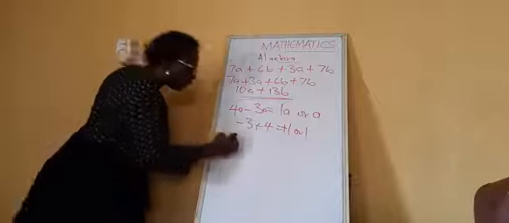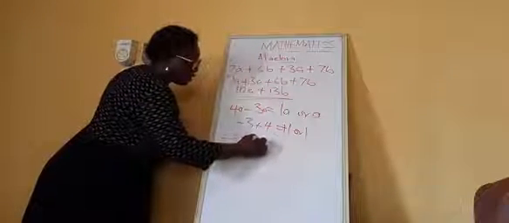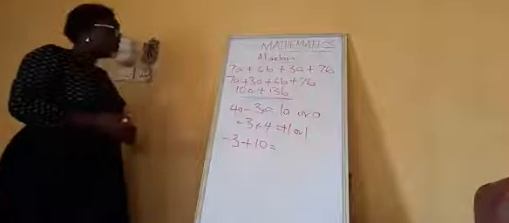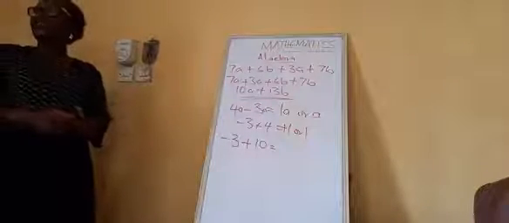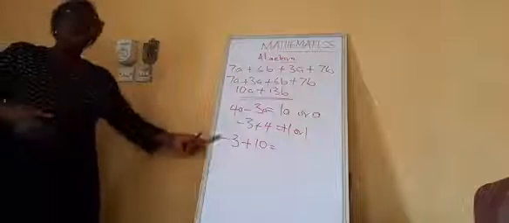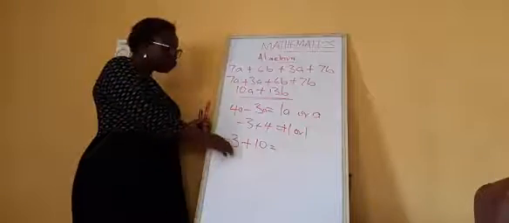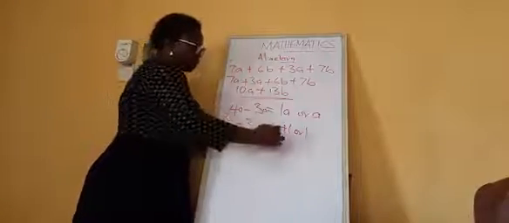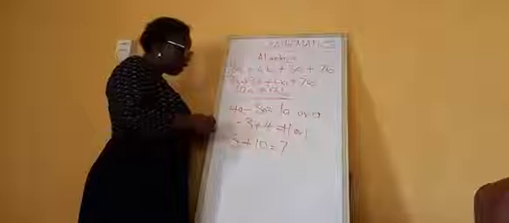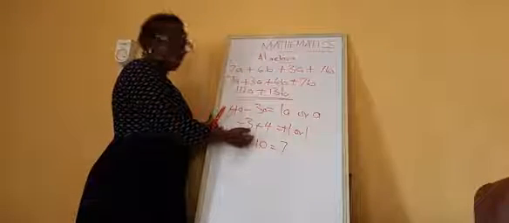So when you have minus 8 plus 10, you use the same method. Subtract the small one from the big one because they are of different signs. So when you subtract this one from this, you obtain what? 7. Now cover the sign. Ask yourself, which one is bigger? 10.